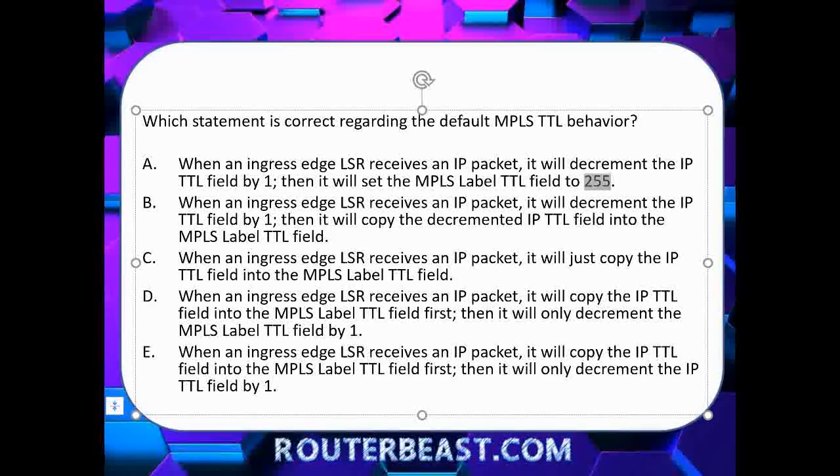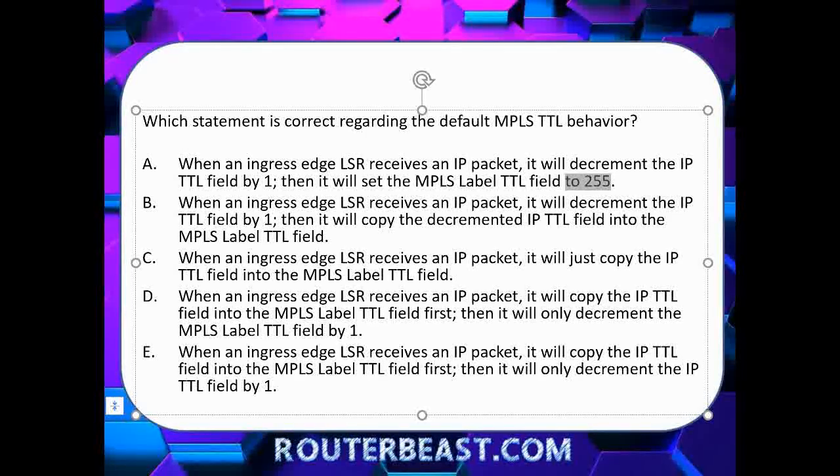If this said 254, then we could say that was the same thing as this second one here. But the problem is, once again, that would be assuming that we started out with 255 from that very first packet. So A, I would throw out because there is no decrementing of the TTL field in the MPLS header here.